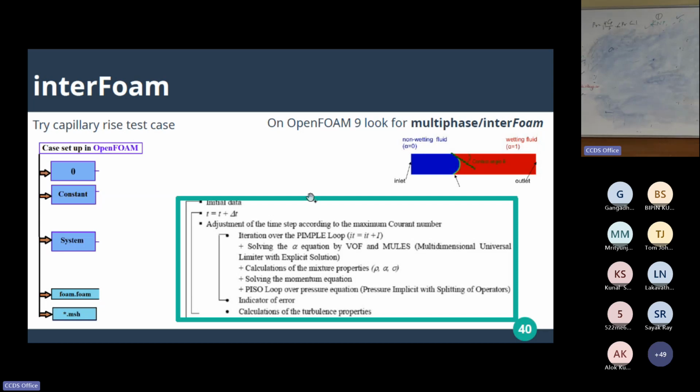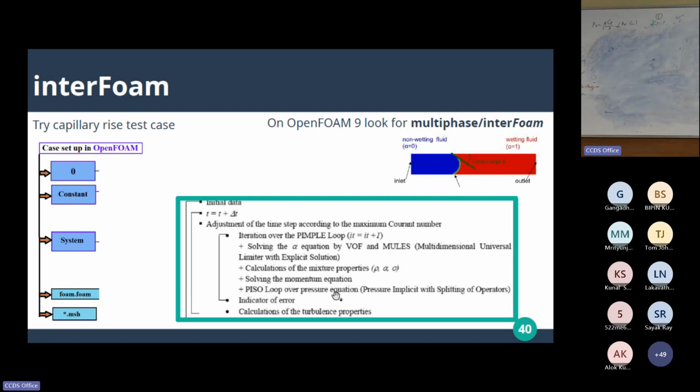Basically, what you do is you begin at a time based on the initial conditions. You solve the alpha equation with certain kinds of flux limiters, smoothen the fields and so on. Then go ahead, calculate your properties like density, alpha, viscosity. Then use that information, solve your momentum equation.